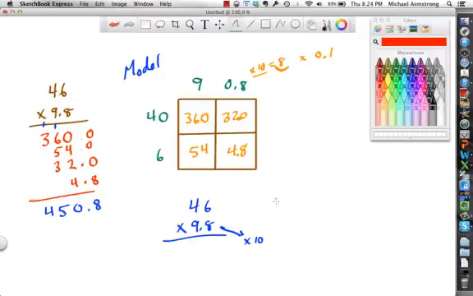That's what the book tends to do. So they'll write it like this: 46 times 98. We got rid of that decimal because we multiplied this factor times 10. And then when we get done, we're going to multiply our answer times 1/10 to get that decimal back in there. Okay, so that's basically what happens here.